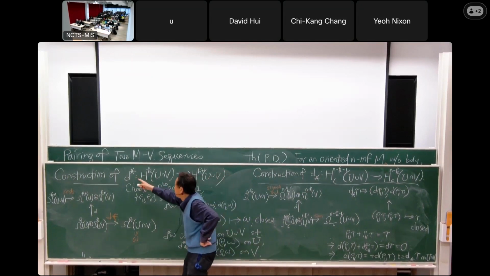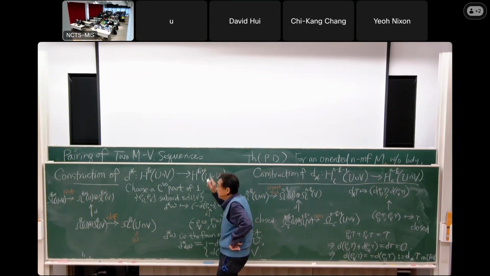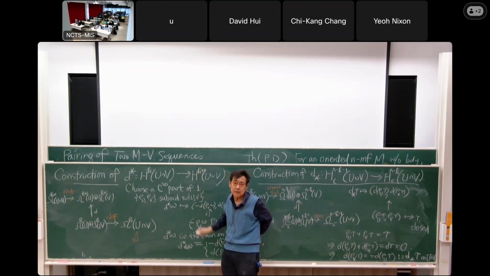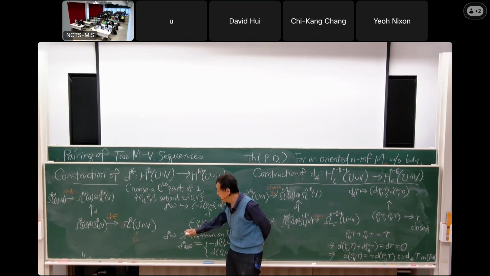Now, d upper star of omega is a form on the union, and the proof requires that it has support in the intersection, even though it's defined on the union. Earlier I had some proof of that, but it was fairly complicated, and I didn't think I could do it today. But just now I realized that I could. It's actually fairly simple to prove.